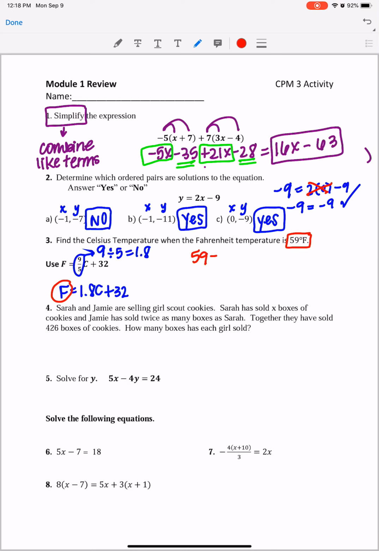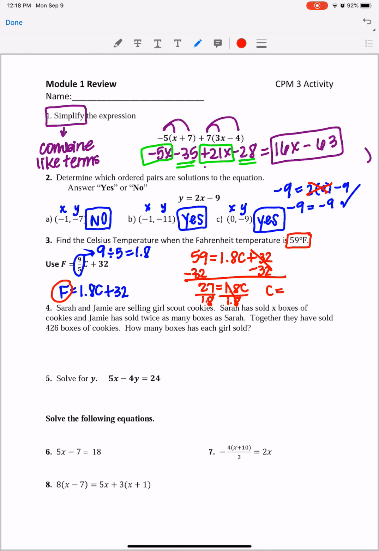So we have 59 equals 1.8C plus 32. Solve it for C. We're going to subtract our 32 over. We get 27. So 27 equals 1.8C. Divide your 1.8 over.